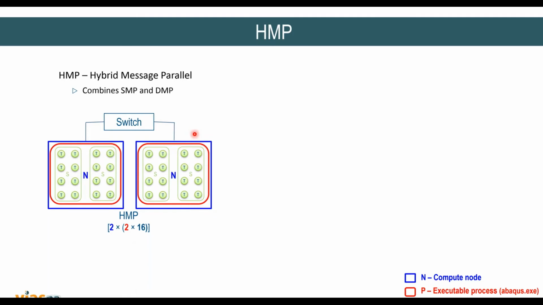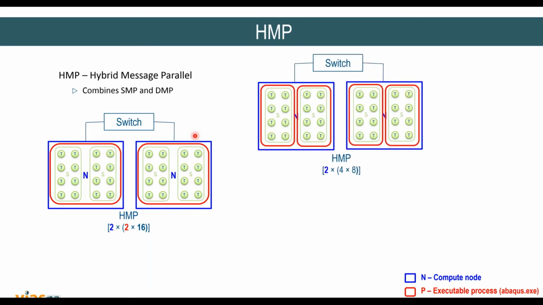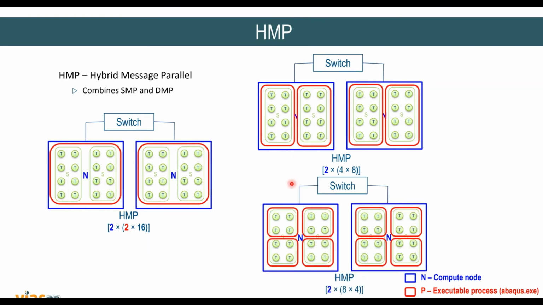So this is hybrid in nature. You can have different configurations. Here you have two processors in a node, here one processor in a node, and here four processors in a node, and you can have multiple nodes connected, racked on top of each other.